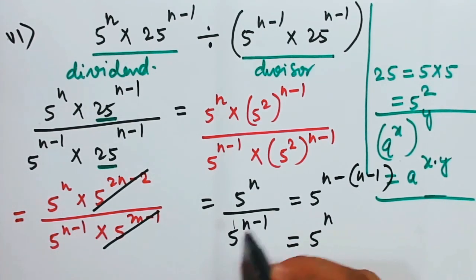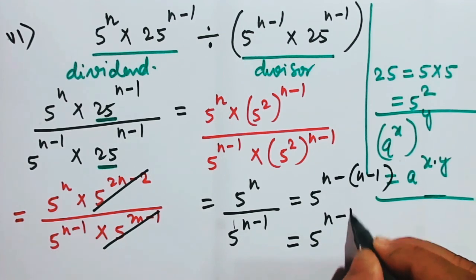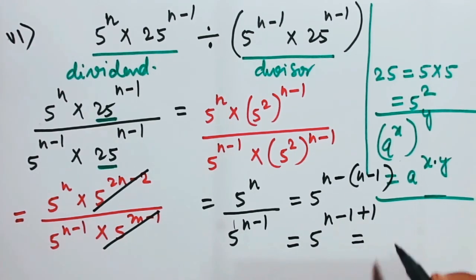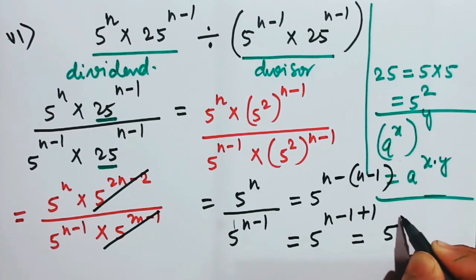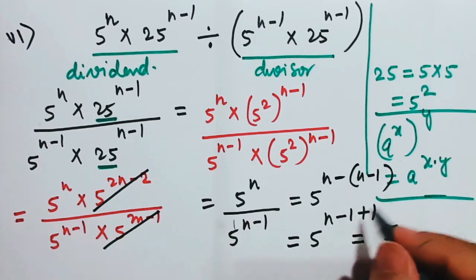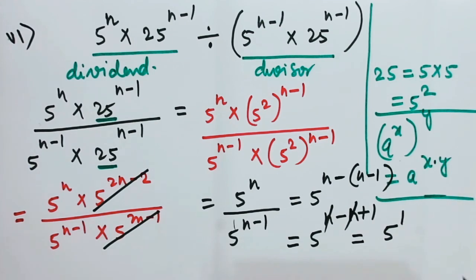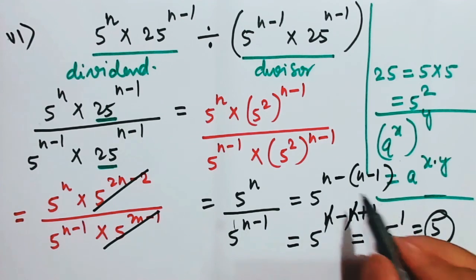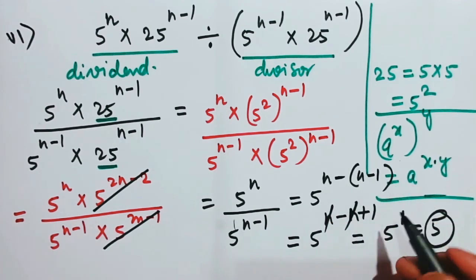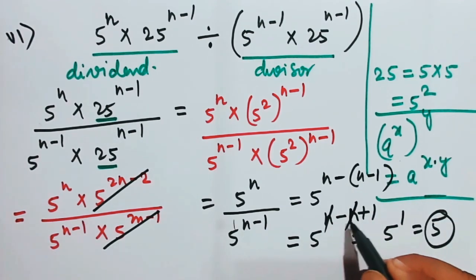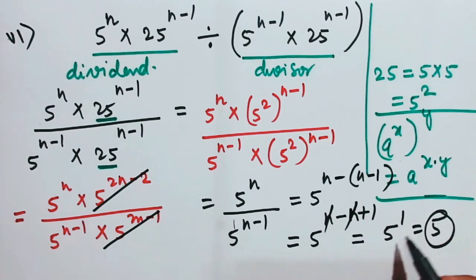Now this should be kept in bracket. 5 to the power n minus 1 plus 1 is equal to 5 to the power n as your final solution. 5 to the power n minus 1 is equal to 5 to the power n minus n plus 1 is equal to 5 to the power 1 is equal to 5.